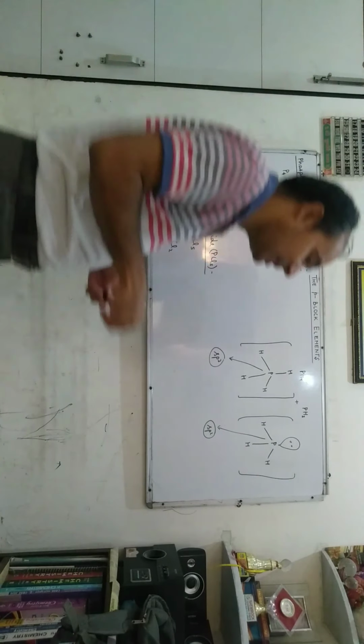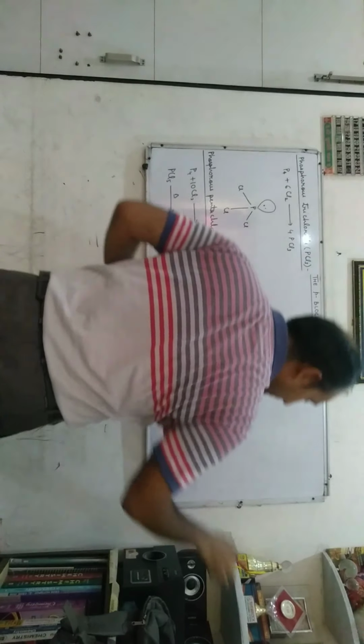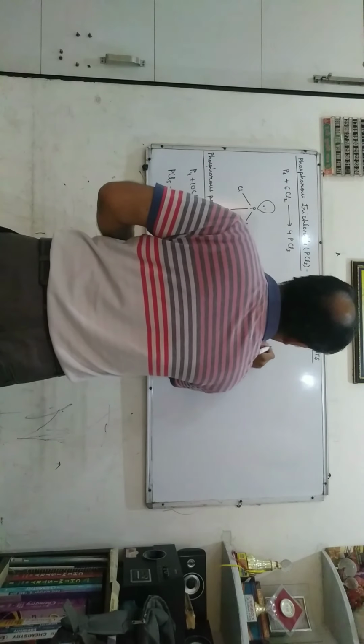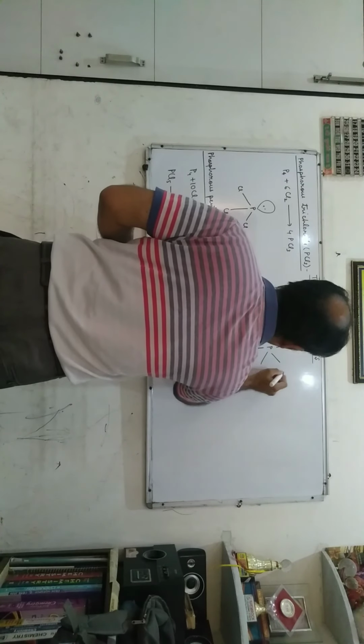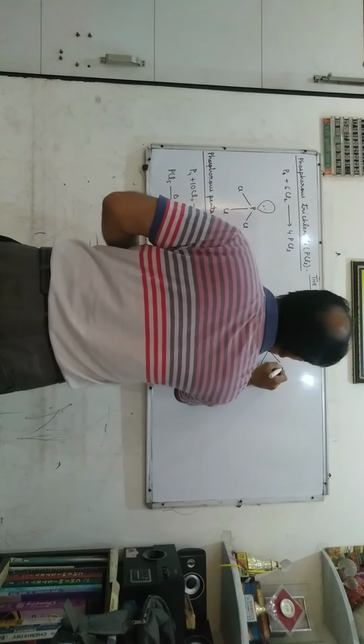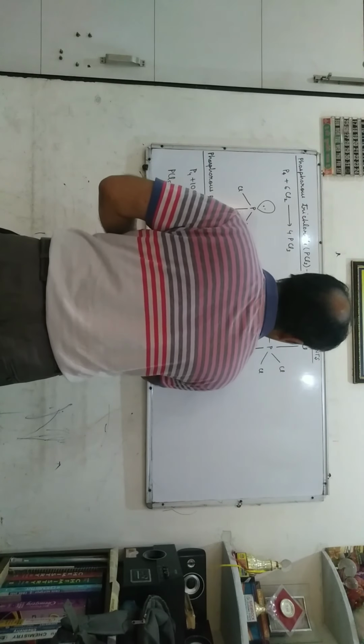It has a trigonal bipyramidal structure in which the phosphorus atom is sp3d hybridized. The correct structure of PCl5 is drawn on the board.